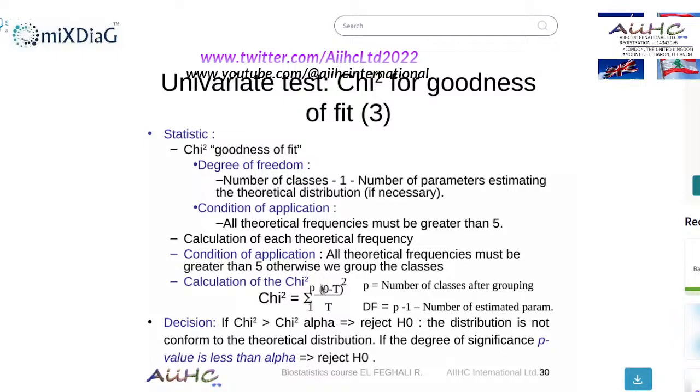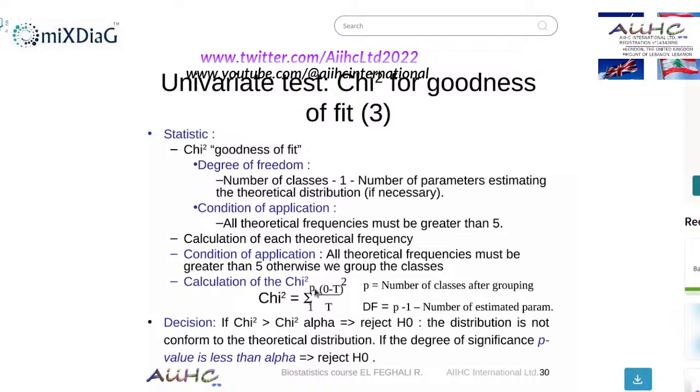Calculation of the chi-square, this is the formula. It's the sum from 1 to p of the difference between the observed minus the theoretical, squared, over the theoretical. P is the number of classes after grouping.